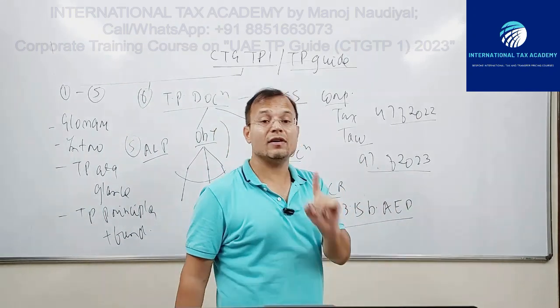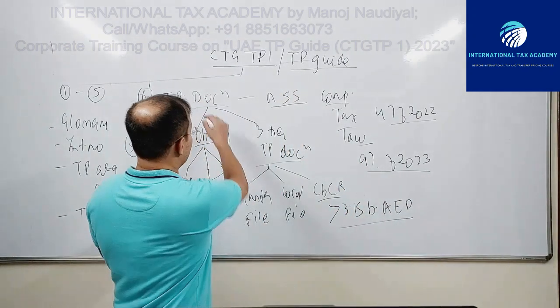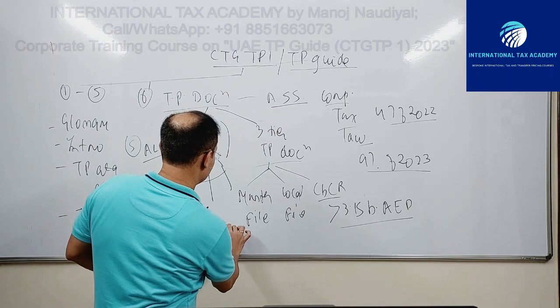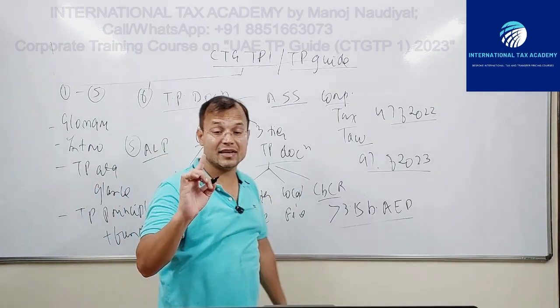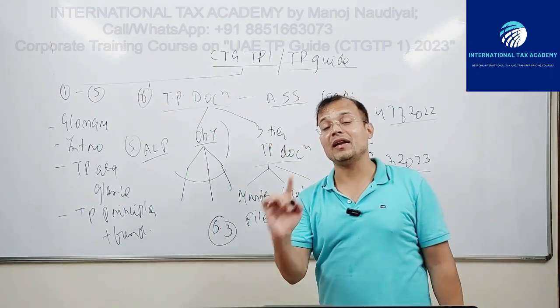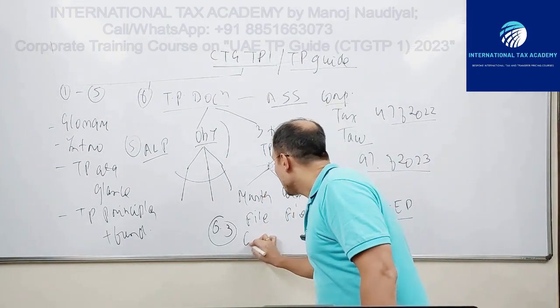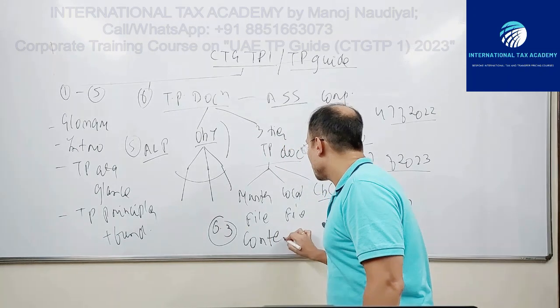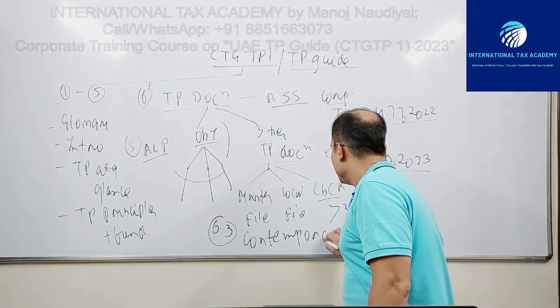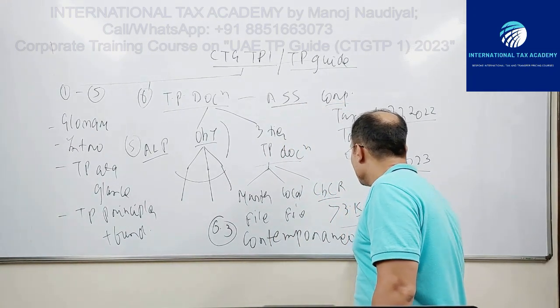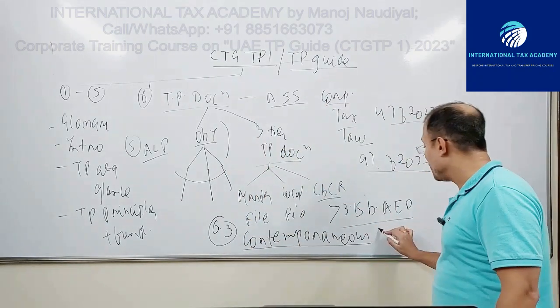And very important, subsection 6.3 says that TP documentation has to be created on a contemporaneous basis. What do we mean by contemporaneous TP documentation?